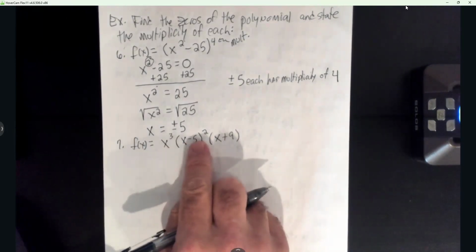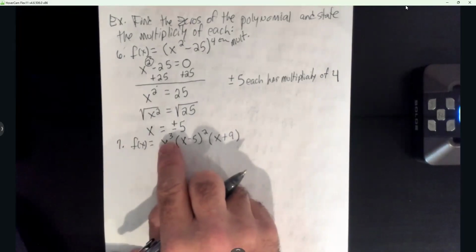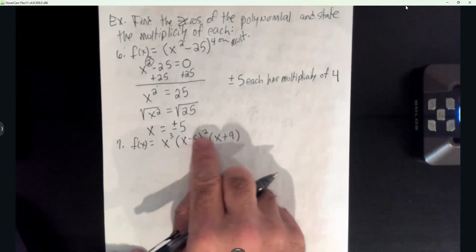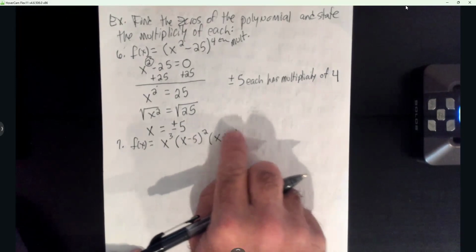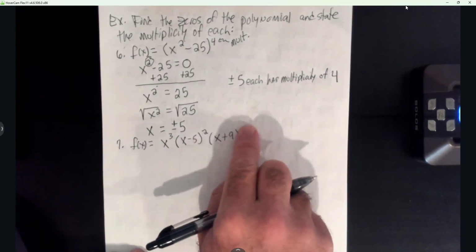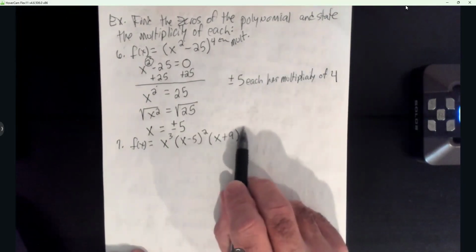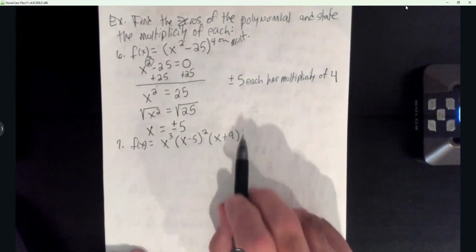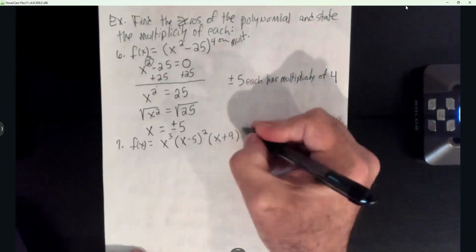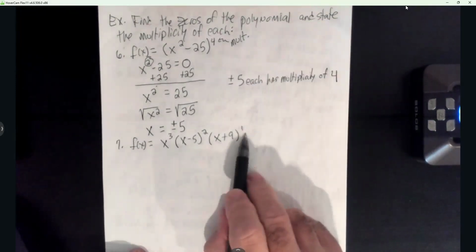So I've got 1, 2, 3 factors, which means I'm going to have to solve this 3 times, okay? Now, oh, these parentheses don't have an exponent out here. So guess what the missing exponent is for these parentheses? Good job. You would treat that like a 1 there, okay?